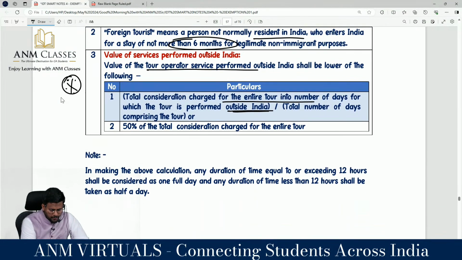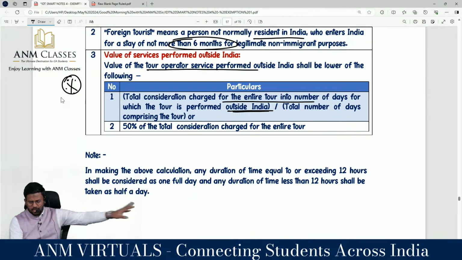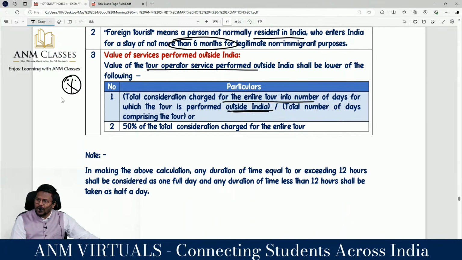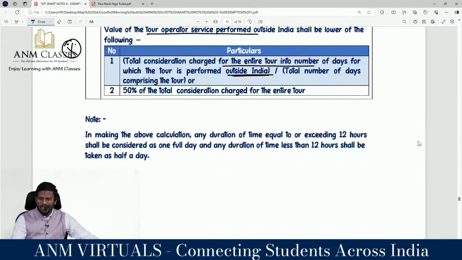This is an amendment we have already discussed in the class in detail. Whichever is lower will be deemed as the value of the tour outside India. That will be exempted. The balance will be taxable.